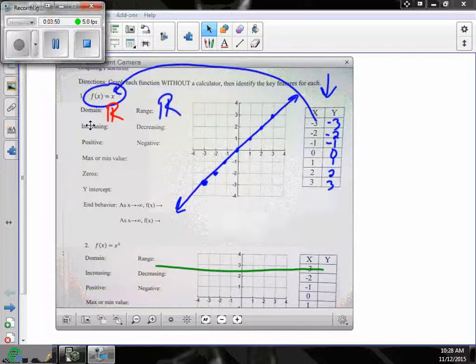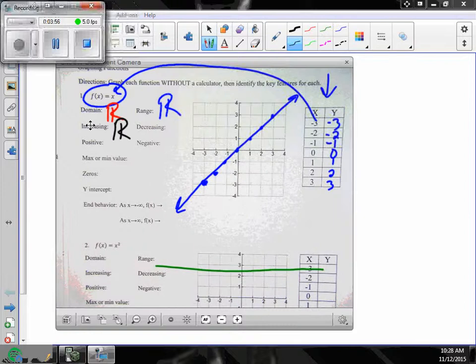It's always going up. So all real numbers. Where is the graph going down? It never goes down. It's always going up. Now, again, it depends on what direction you're facing, but we always face this direction. And if we look to the right side of the graph, it's going up everywhere. So this would be never.